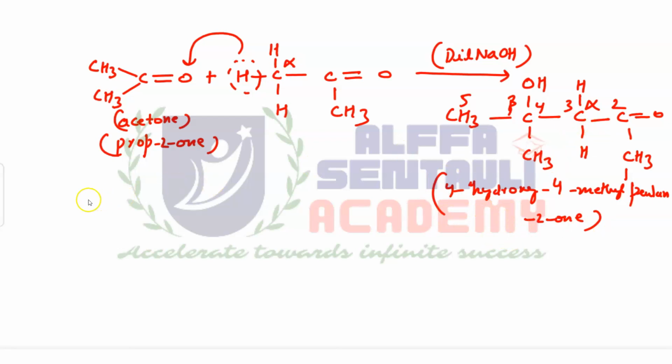Again, if you heat this compound in dilute HCl, what will happen? There will be loss of one water molecule, like this. And what will happen? There will be a double bond.